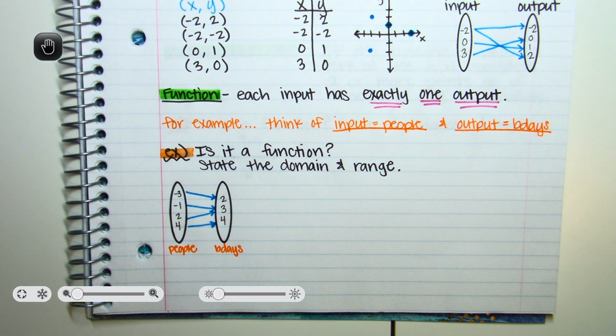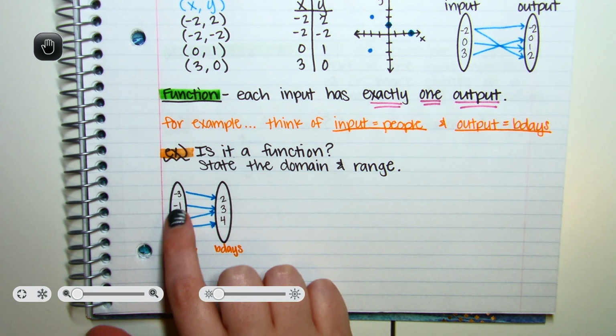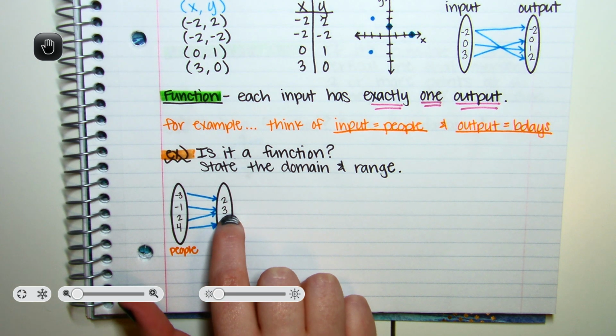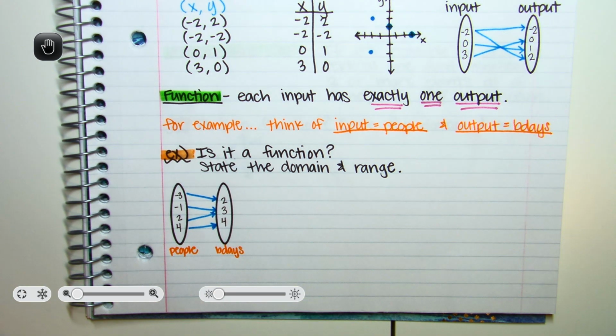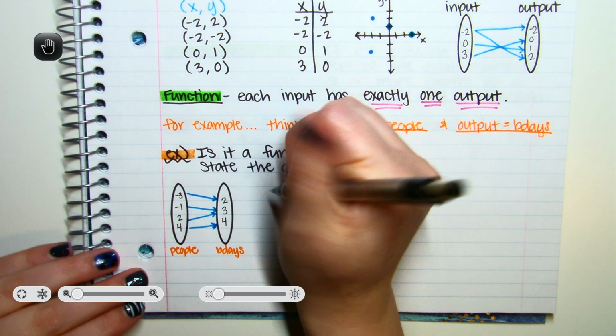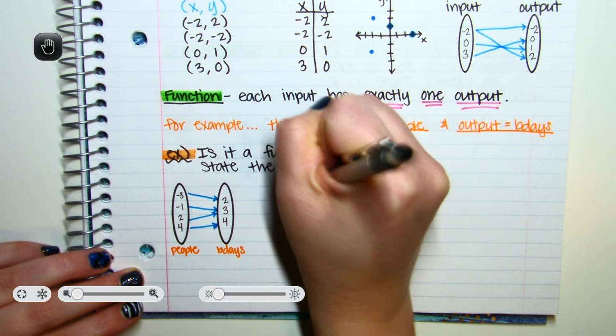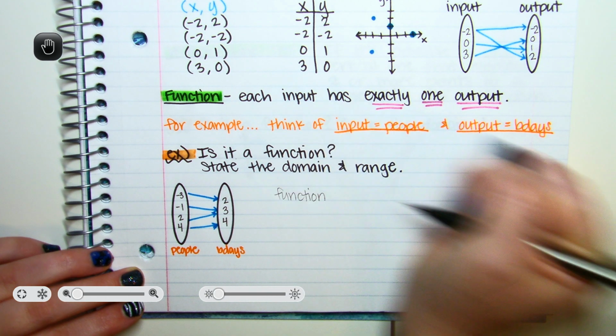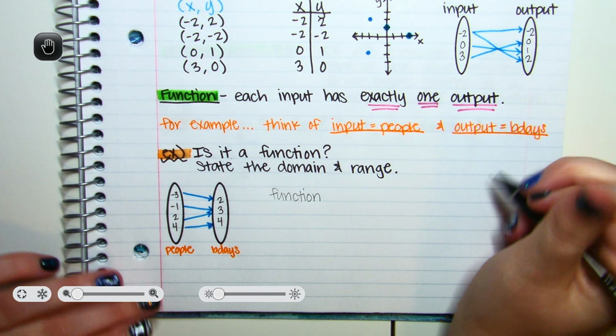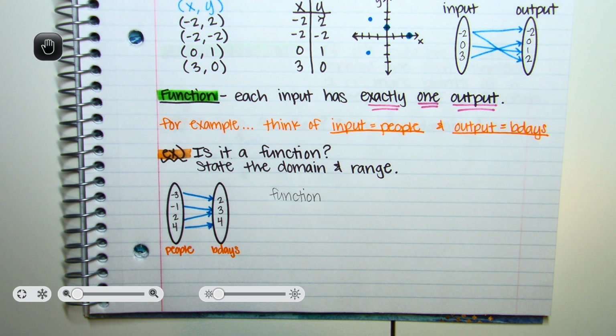There are millions of people born on every day of the year. So tons and tons of people share the same birthday. So these 2 people are allowed to share the same birthday, which means this is a function. So I'm going to say yes, it's a function. You can either write function, you can write yes, it's a function, whatever you want to say.